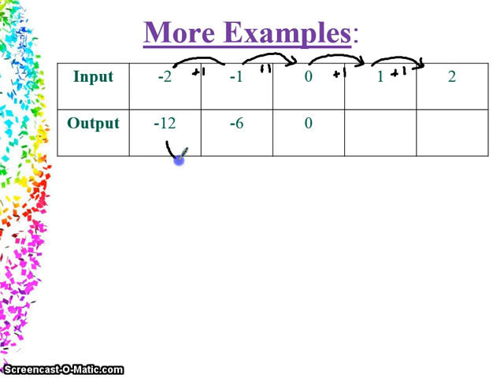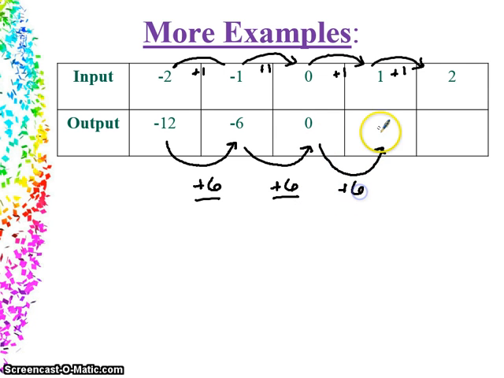We're at negative 12, it goes up to negative 6, which would be add 6. And negative 6 to 0 is also add 6. So we see that consistent pattern, and we can extend it further by adding 6 again and adding 6 again to complete the partial table.